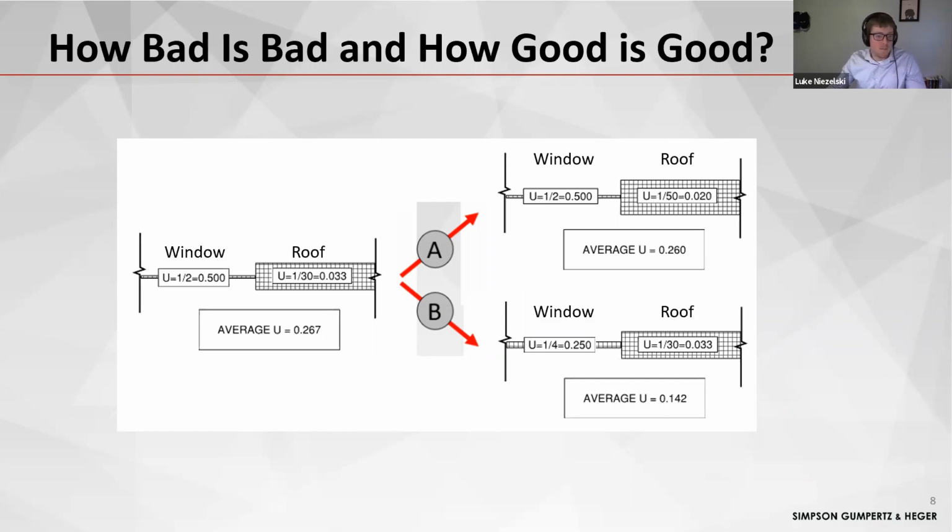This example is actually based on a real discussion with a project team that I've simplified a lot. I made this 50-50. It wasn't 50-50 on this project, it was close, but this is a simplified version of it. Basically the client was really focused on adding more insulation to an already insulated roof because they wanted to increase the thermal performance of the building.